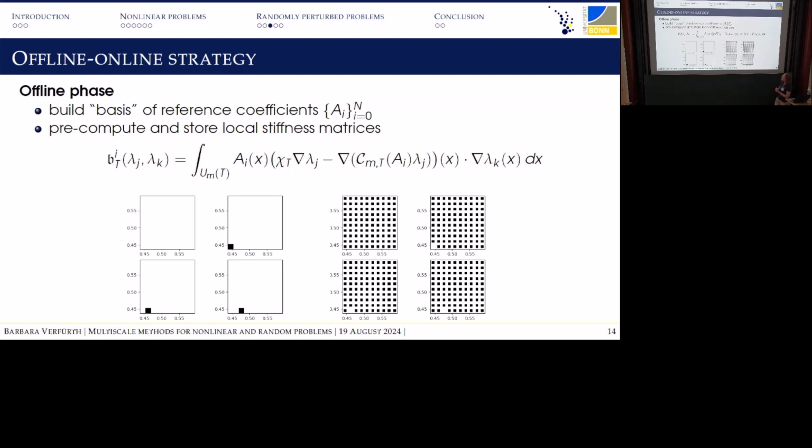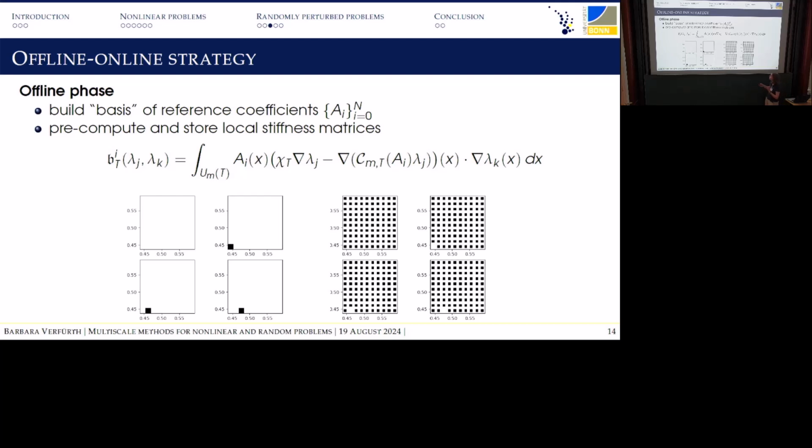And there I select, and I will talk about this in a second, so-called reference coefficients A_i, for which I pre-compute and store the contribution to my stiffness matrix in the LOD framework. This is written here. So when these are the hat functions, you have to calculate this nasty looking thing. It's a small rectangular matrix.